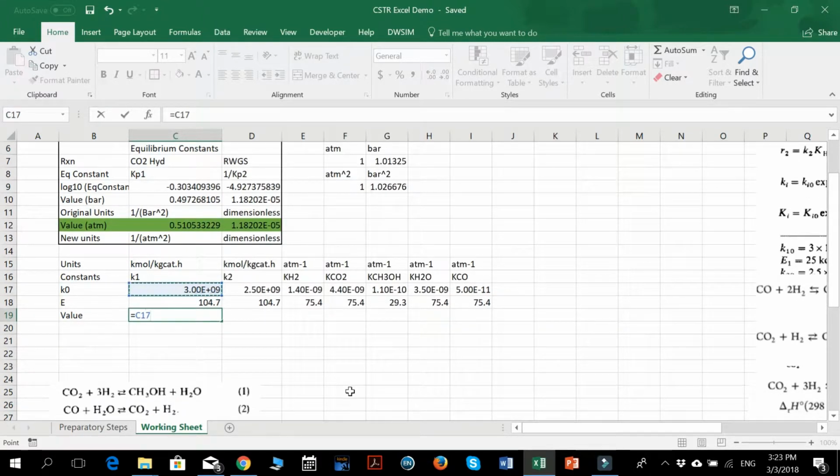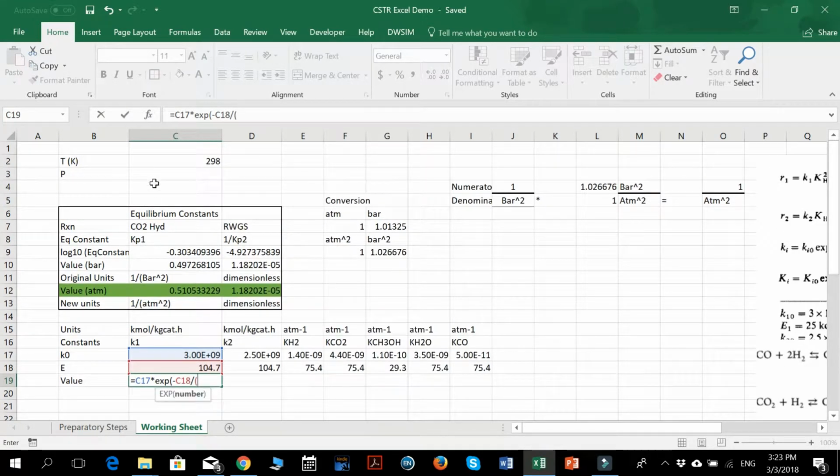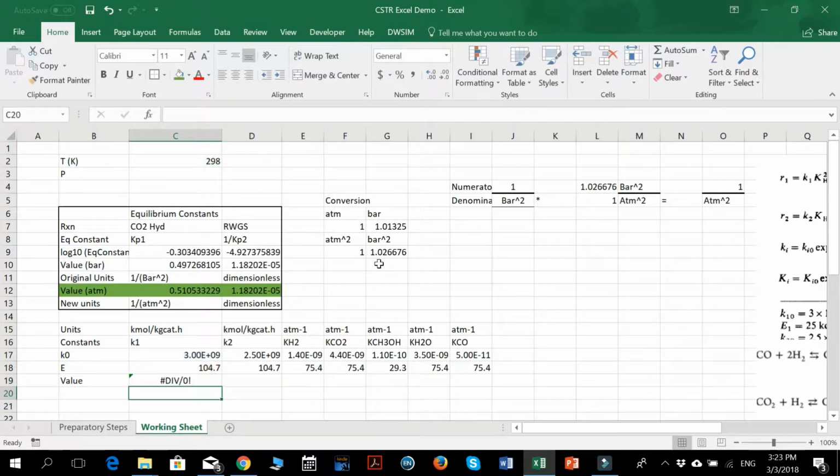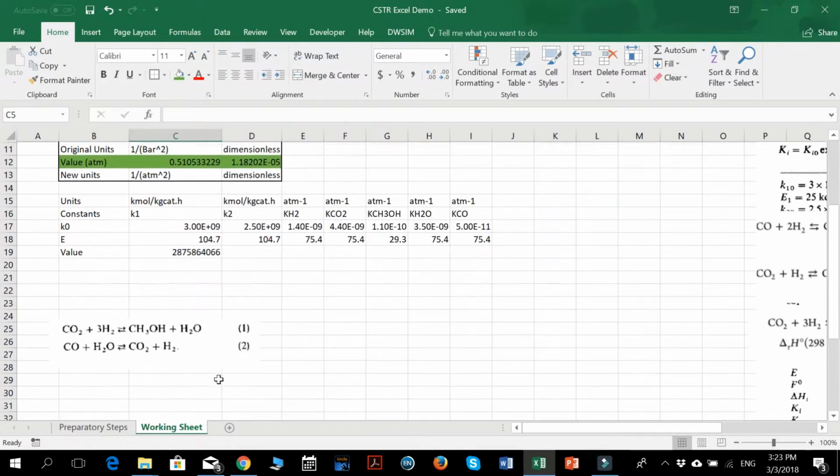So K0 times exponential negative E divided by R times T. So I'm going to close. There you go. Let's put the R here, 8.314.